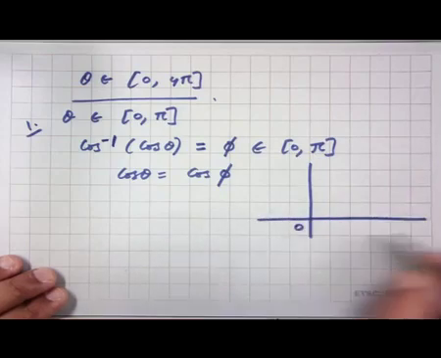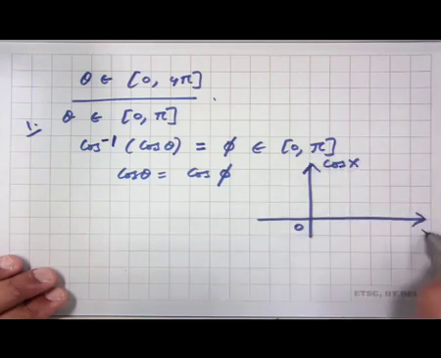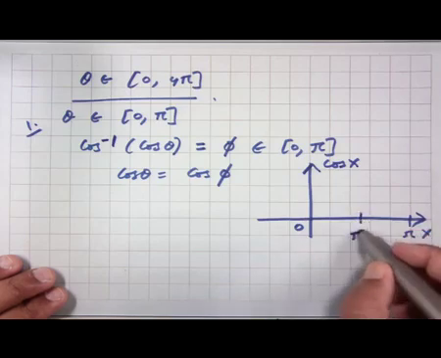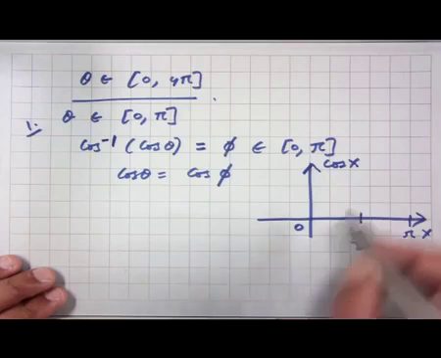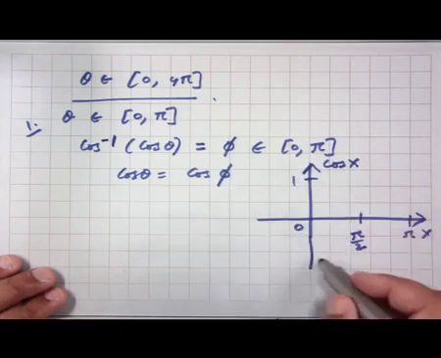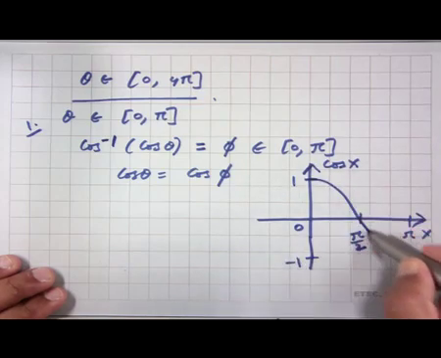So, if we see the graph of cos of x versus x between, let us say, 0 to pi, let us say this is pi over 2, let us say this is 1 and let us say this is minus 1, and the graph is something like this.